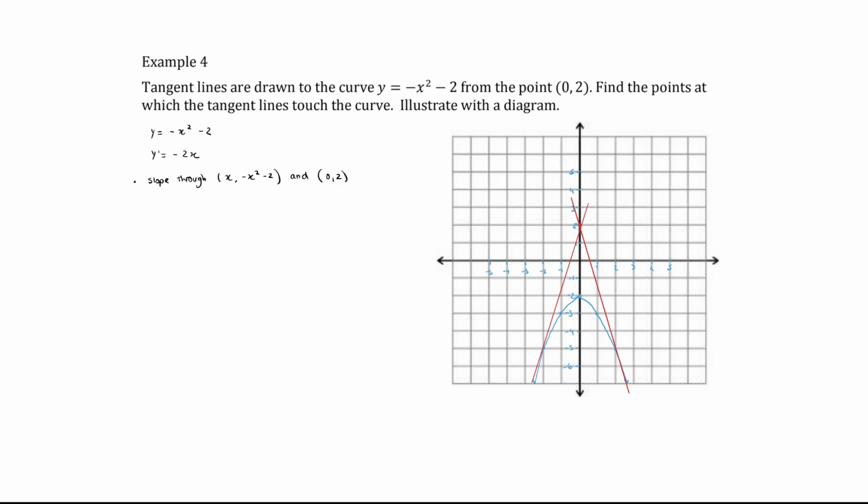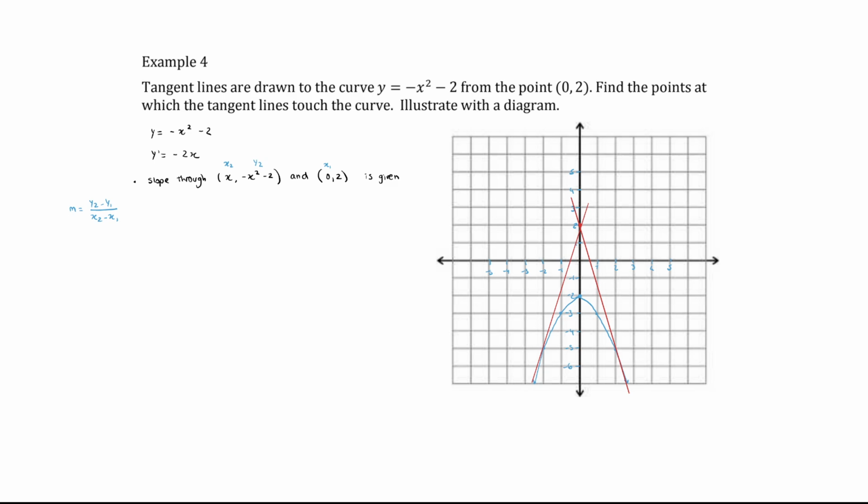And so this slope, if we use the slope formula of m is equal to y2 minus y1 over x2 minus x1, and we are going to let x be equal to x2 and negative x squared minus 2 be equal to y2, so that 0 is equal to x1 and 2 is equal to y1. There we go.